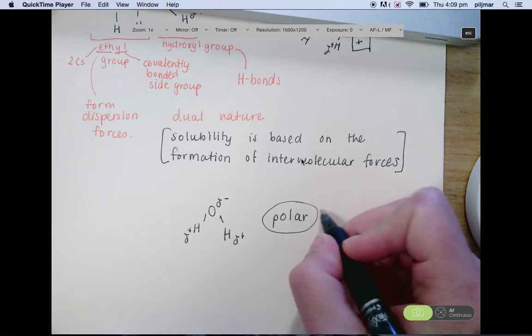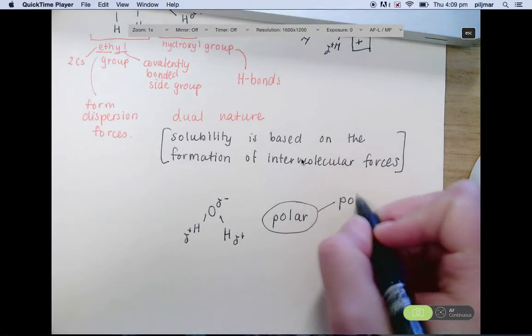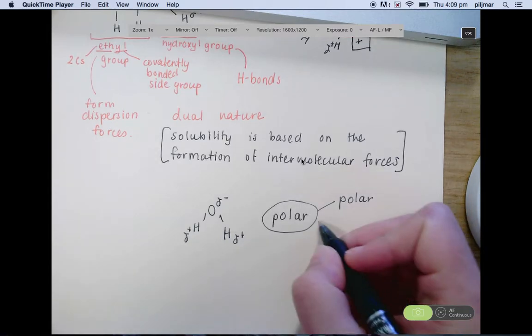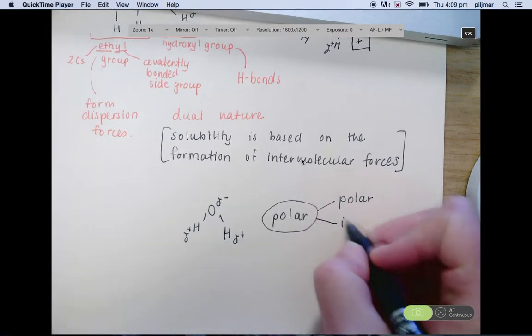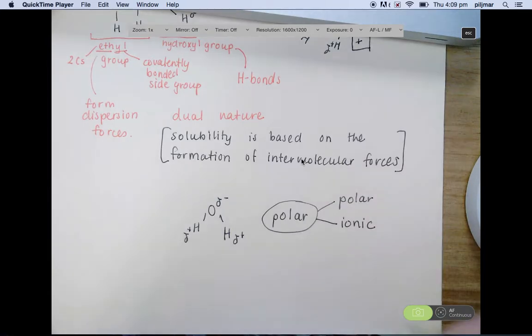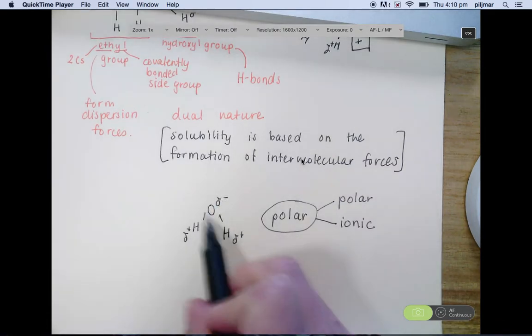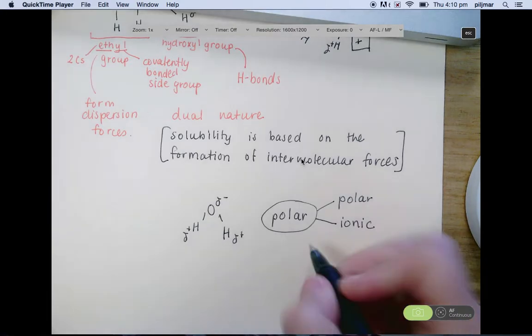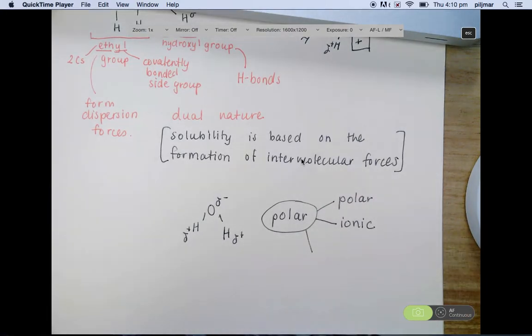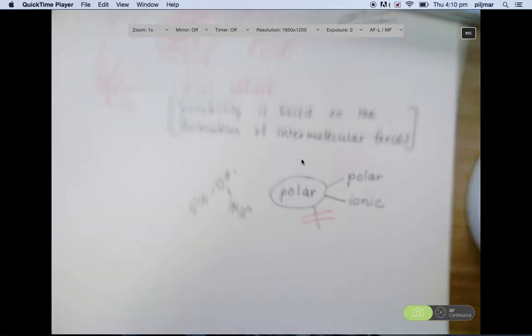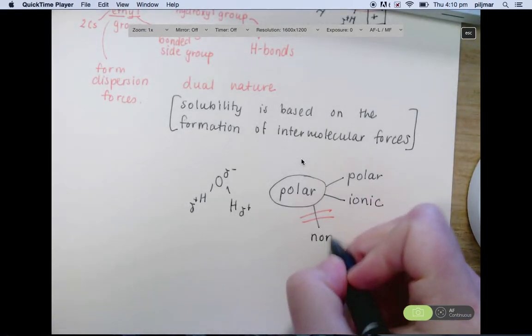So as a result of this, we know that it can dissolve other polar substances through intermolecular forces. It can also dissolve ionic substances pretty well because of the difference in the charges, where the negative ions will attract the hydrogen and the positive ions will attract the oxygen. However, it will not be able to dissolve non-polar substances.